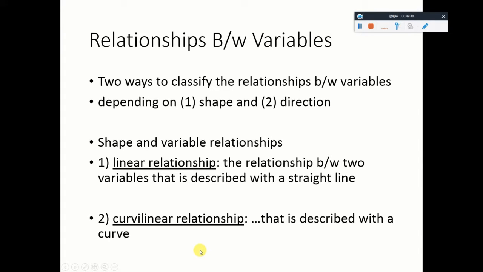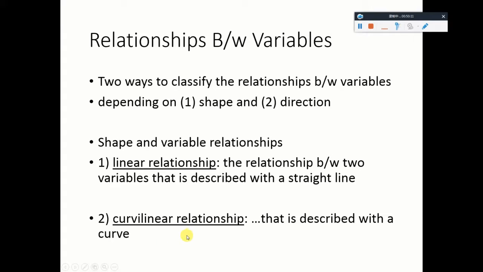At the same time, if we say that there's a curvilinear relationship between two variables, we're saying that the relationship between the two variables is best described by a curved line, not a straight line.